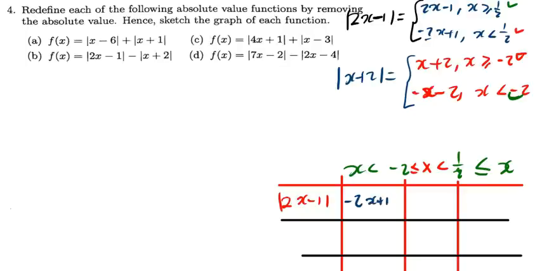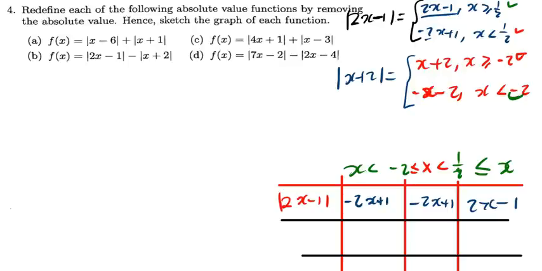Again, for the same one, since we are dealing with half, which one is telling us that x is less than half? It's the same one, negative 2x plus 1. Then for the last one, which one is telling us that x is greater than or equal to half? It's the first one here. So I'll get 2x minus 1.